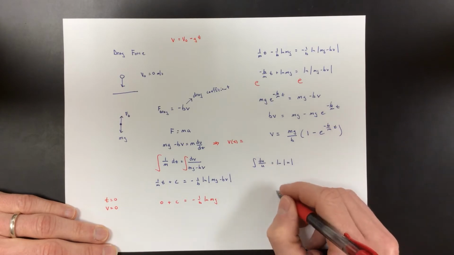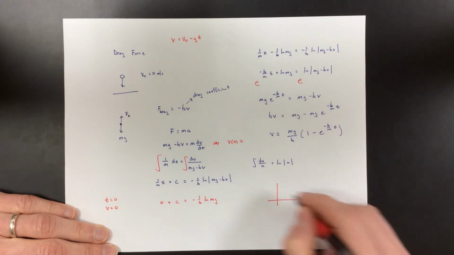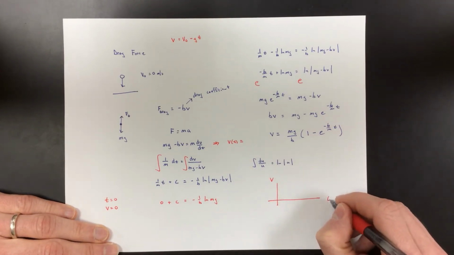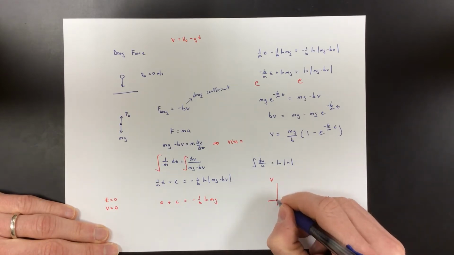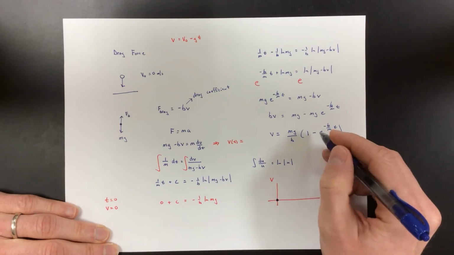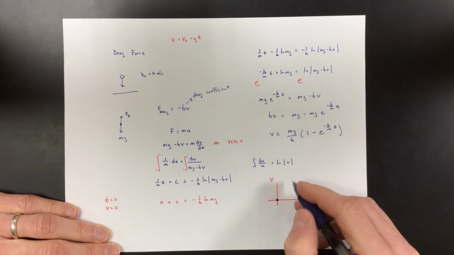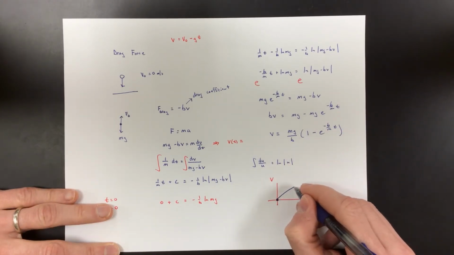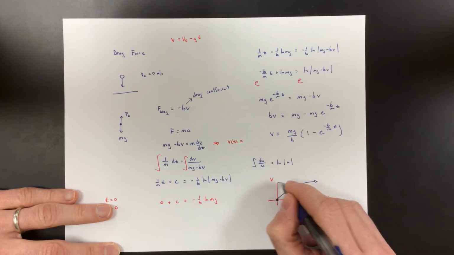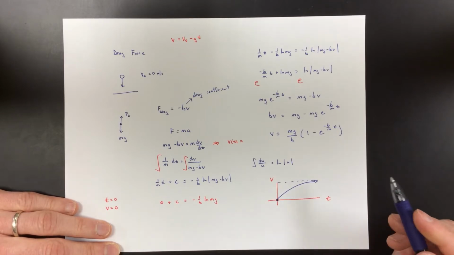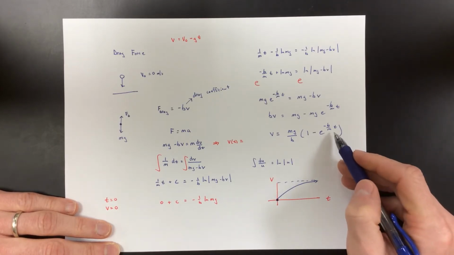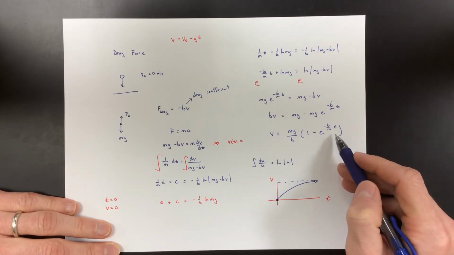Let's take a look at what this looks like from a graphical perspective. Hopefully this will make sense. At t equals 0, we start out at 0. And this equation we might not know much, but this is a 1 minus an exponential, and it's going to go like this. And it's going to asymptotically approach some value. So think about what happens here. Look at the limit of this as t goes to infinity.